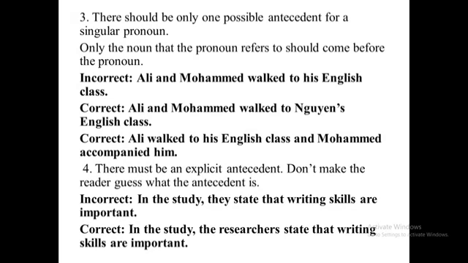This is very ambiguous and wrong, but the correct one is saying Ali walked to his English class and Muhammad accompanied him. Now the sense is very clear that Ali is going to class and Muhammad is also there with him. So there must be an explicit antecedent. Do not make the reader guess what the antecedent is.